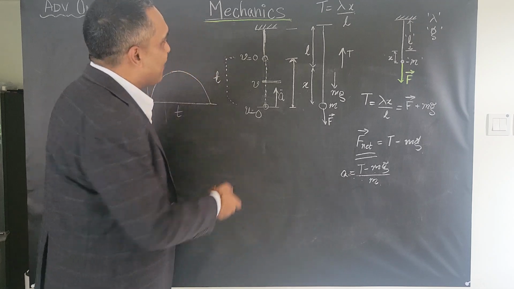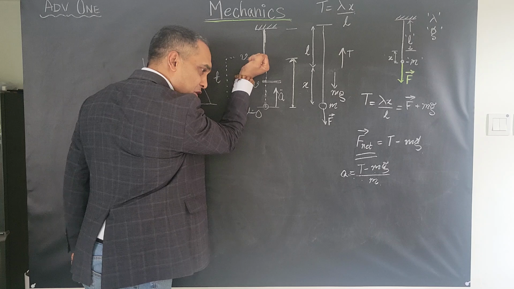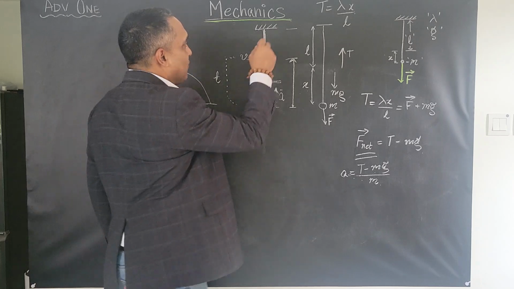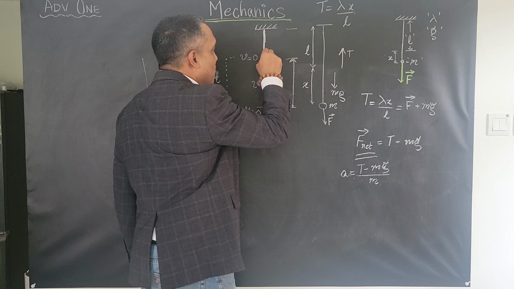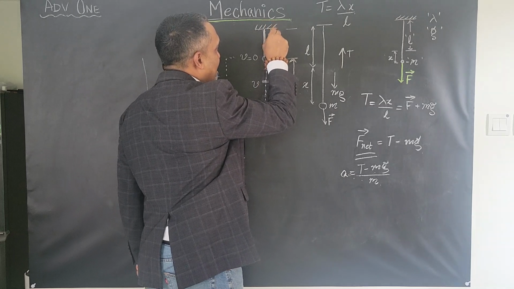You can flip it around and make this an extension of a spring or a compression of a spring. Or if you want to give yourself some more fun, you can just make this a string and a spring.